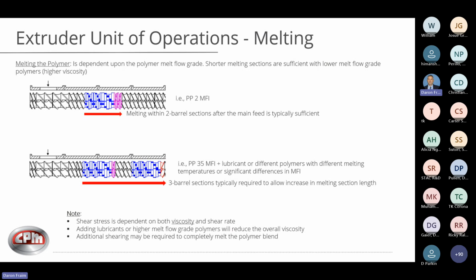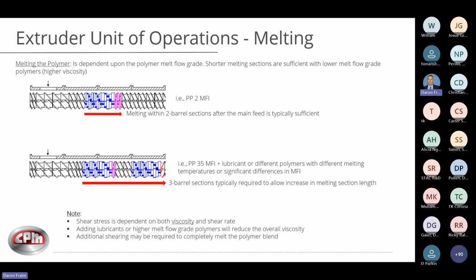But then things change a little when you start adding higher melt flow resins or lubricants. Some of you may use like PE wax or other fatty acid type, lower molecular weight, lower viscosities. You may be injecting mineral oil. And so anytime you reduce that overall viscosity, there's less stress on the polymer.